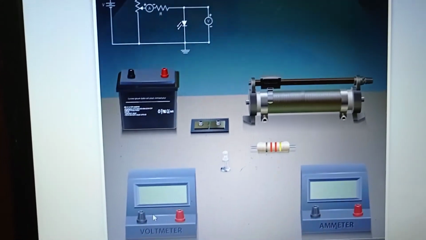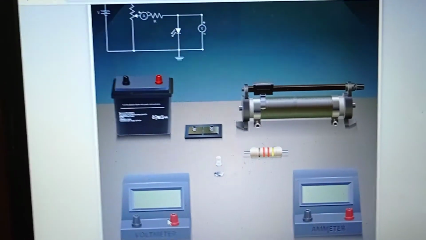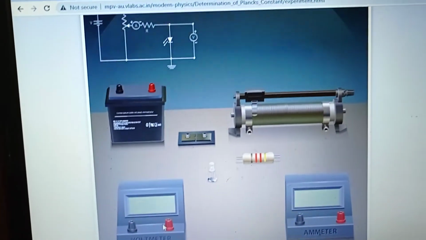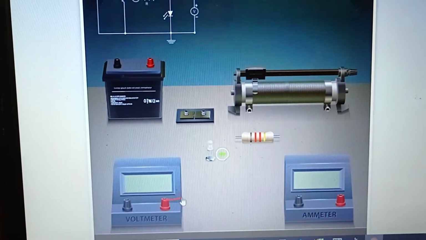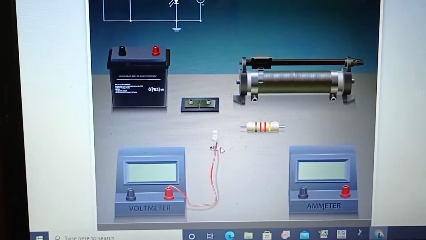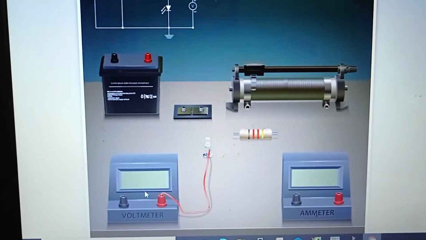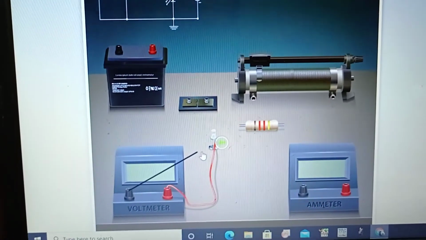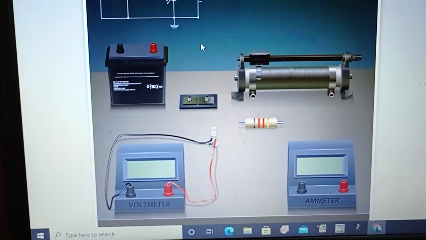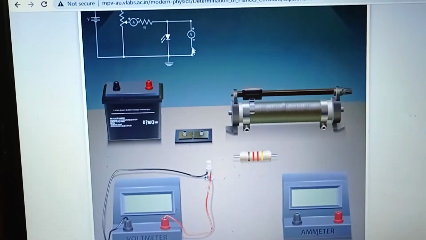We will connect the positive terminal of the voltmeter with the LED, and the negative of the voltmeter with the second terminal. Now this connection is done.